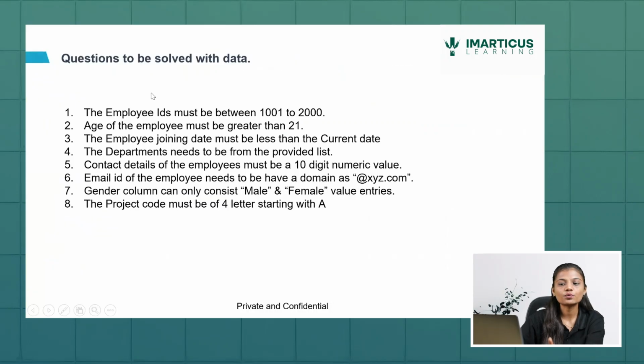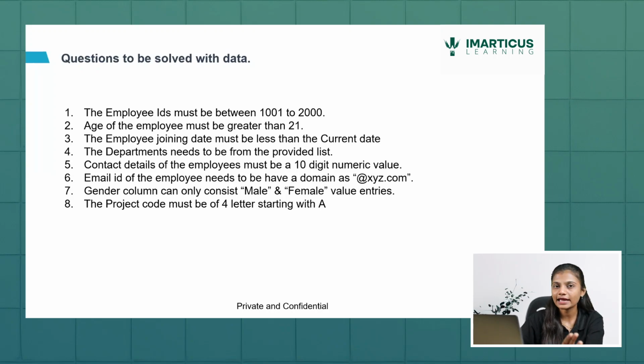What we want to find is that the employee IDs must be between 1001 to 2000, which means the employee IDs given to each employee start from 1001 and the end employee number is 2000.